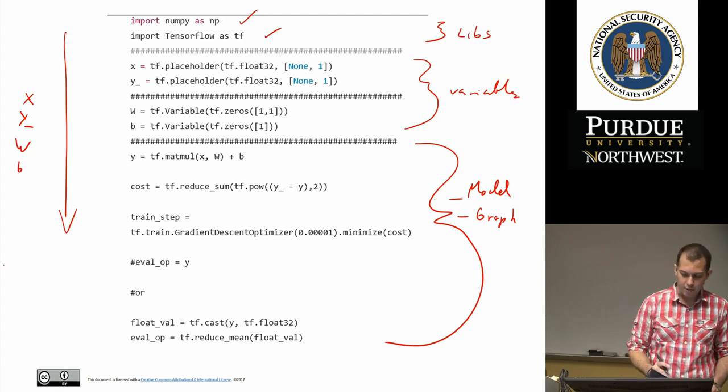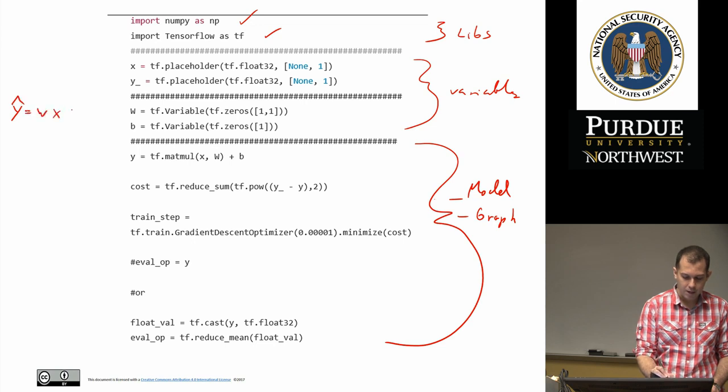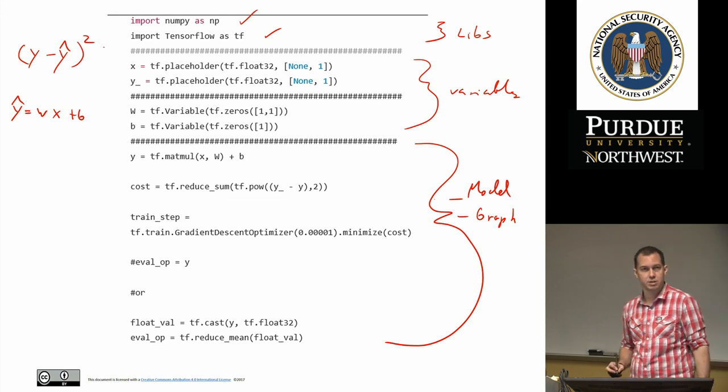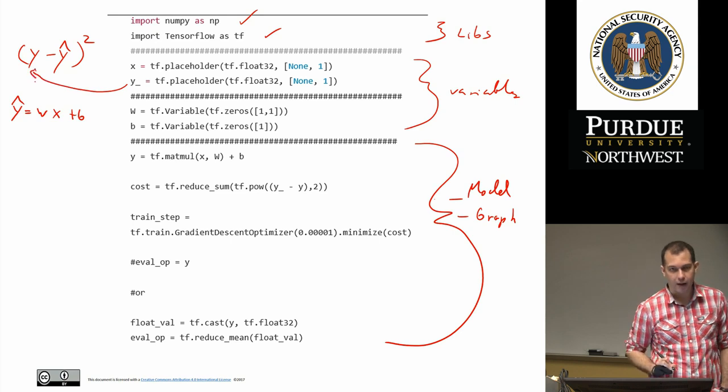So these are, if we think of the original equation, y hat equal w x plus b, and then if we also think of the optimization equation, which was y minus y hat, if we think in terms of that, this y hat is actually that y. Or this y underscore is actually that y.